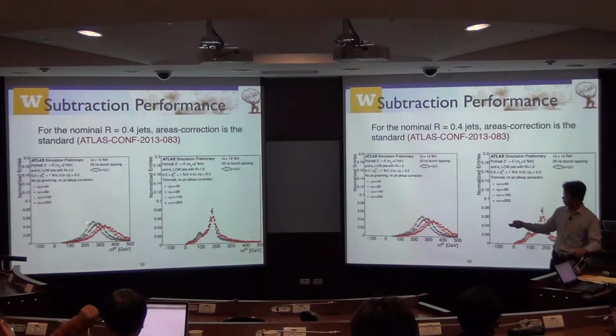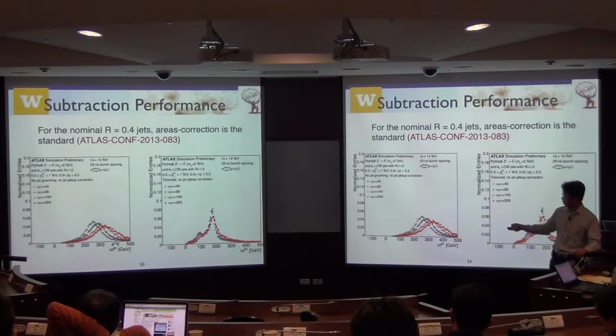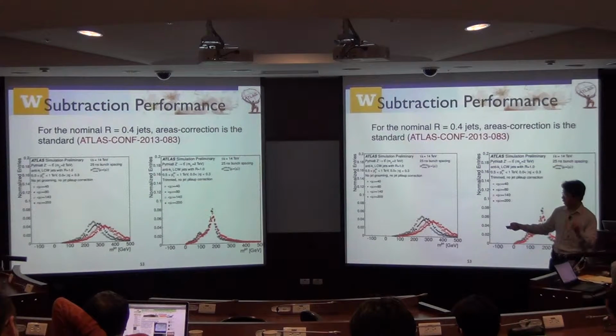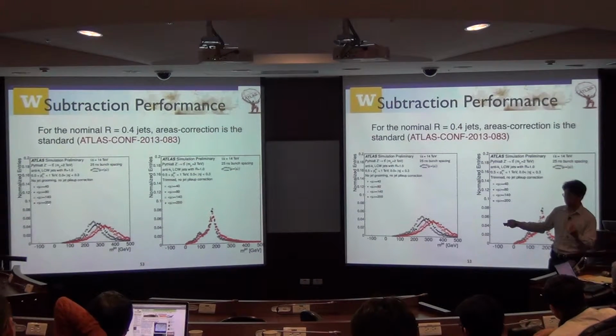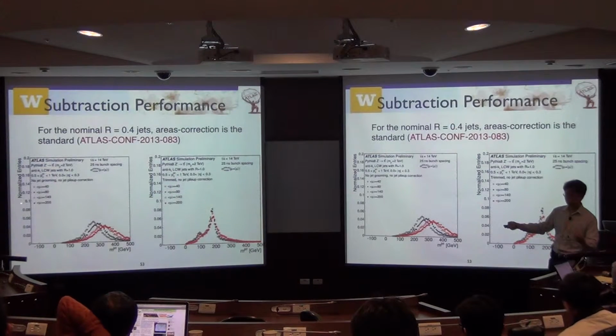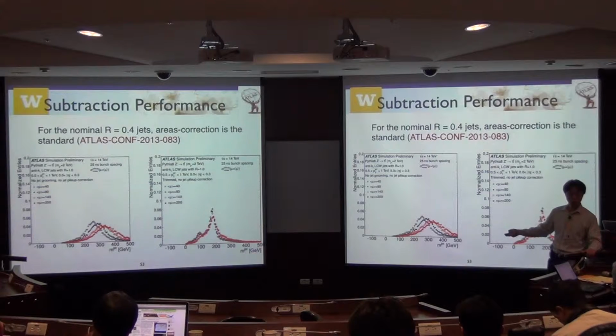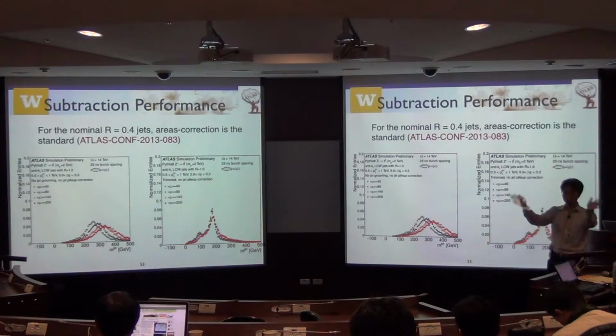Okay, so you can see that without the pile-up, you have the open circle here. And if you start adding different numbers of interactions into the simulation, the jet mass starts to increase. And this increase just comes from the pile-up depositing energy in the jet area of your hard jet.